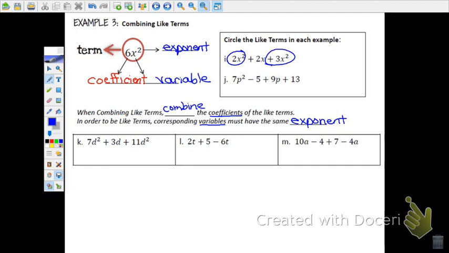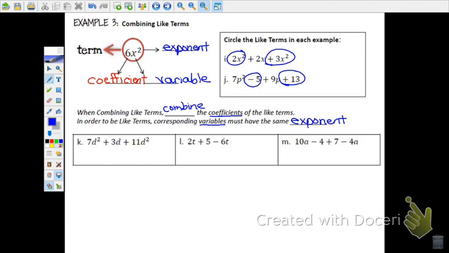In the example below, we don't have anything with a variable and an exponent the same, but we do have these two, what we called constants in a previous lesson, which are like terms because they're both constants. We can add together a -5 and a +13.